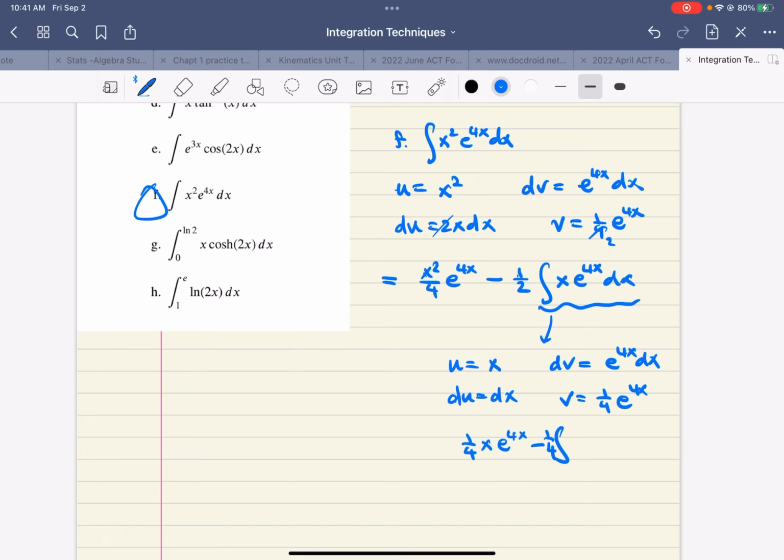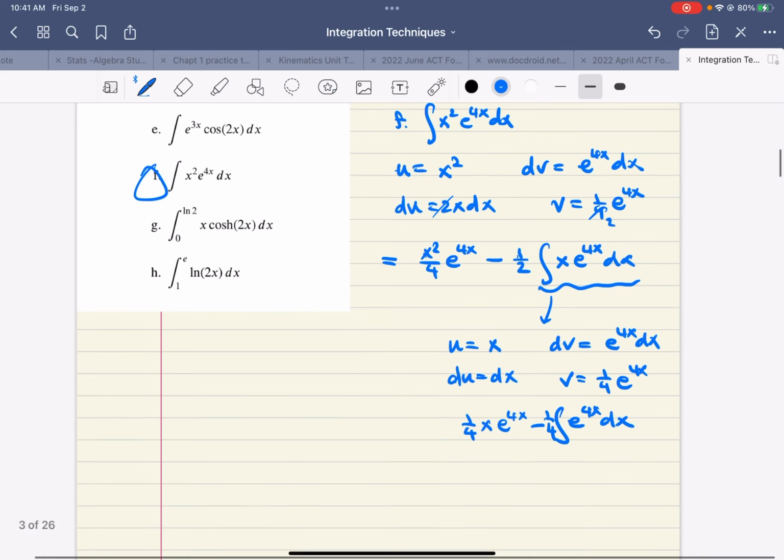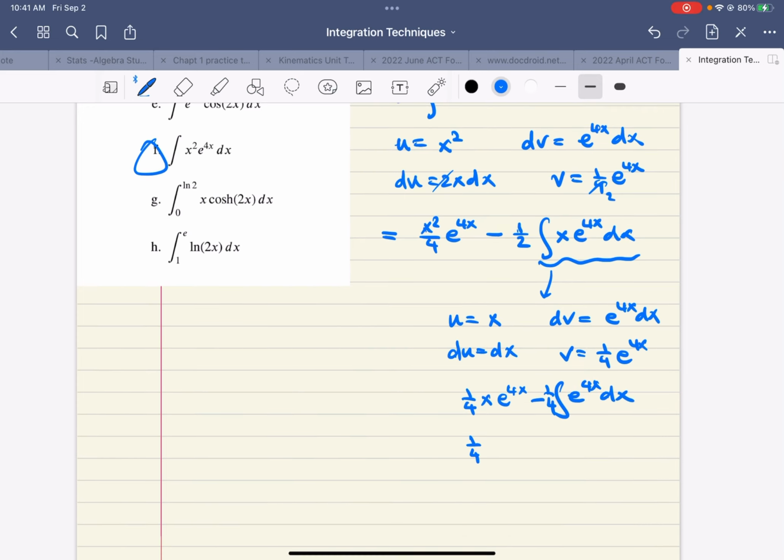So you can take the 1/4 out, and e to the 4x dx. So that's 1/4 x e to the 4x minus, when you take the integral of e to the 4x, that's 1/4 e to the 4x, right? With another 1/4 in the front, so 1/16 e to the 4x.